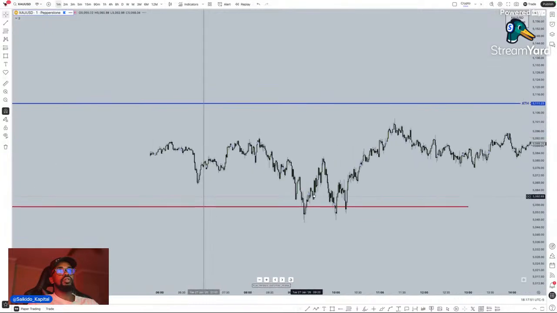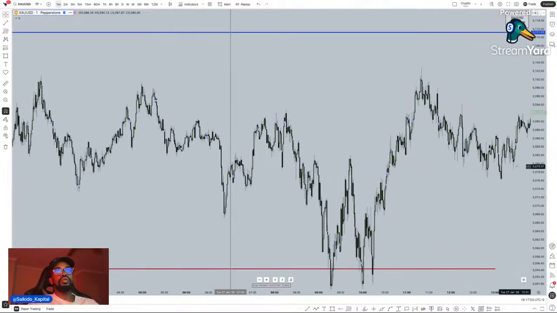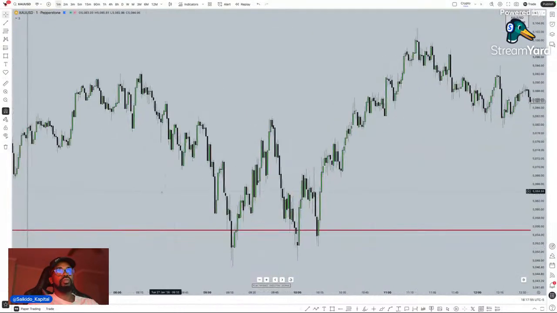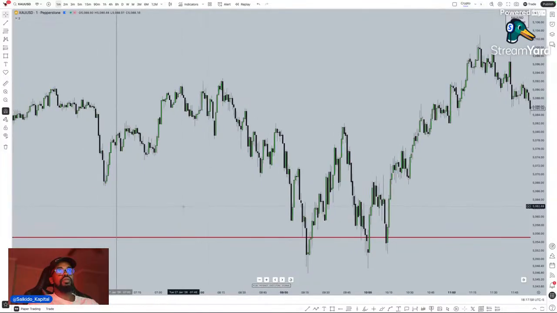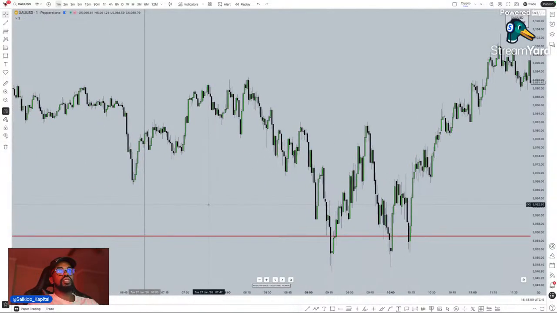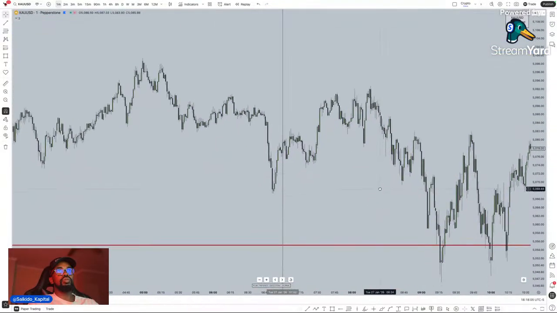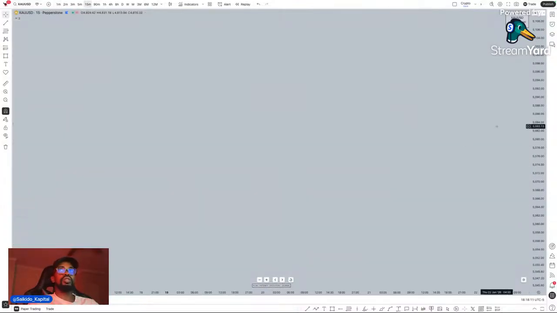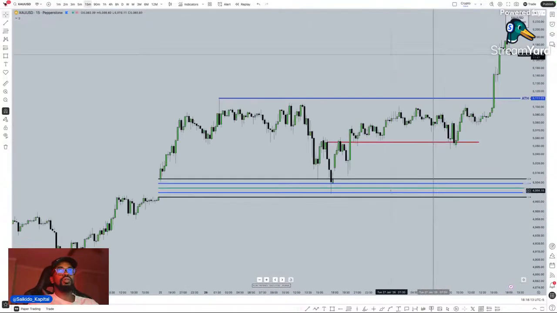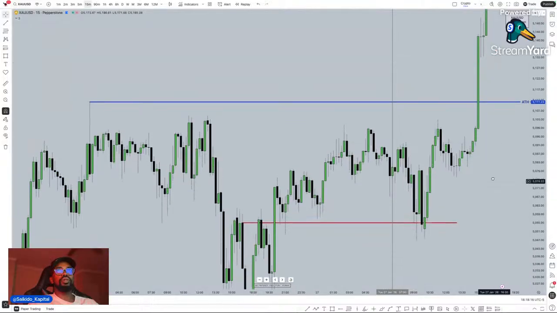I'm going to do this now because this is where I was actually looking for buys. So the first time we took out this, before we went back to the change in the state of delivery on 1 hour. This was my elder confluence.